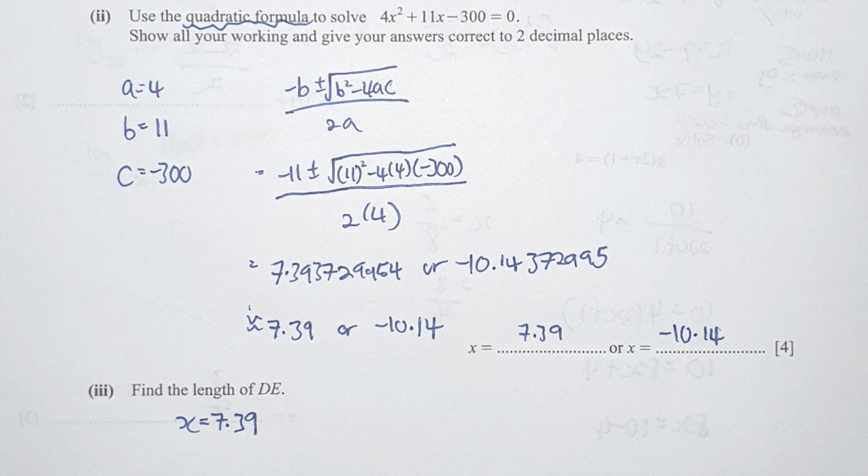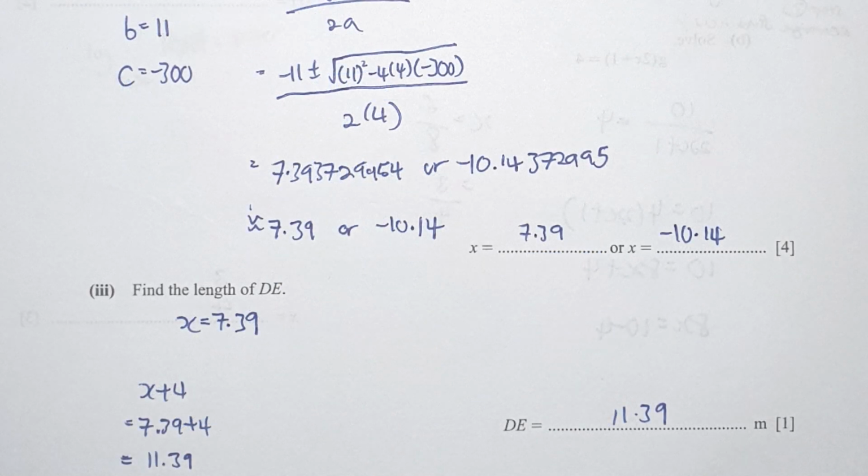Question 2, as mentioned by the question, using the quadratic formula, a is 4, b is positive 11, c is -300. Substitute it into the formula, -b plus minus square root of b squared minus 4ac over 2a. You get the two results as 7.39 or -10.14.